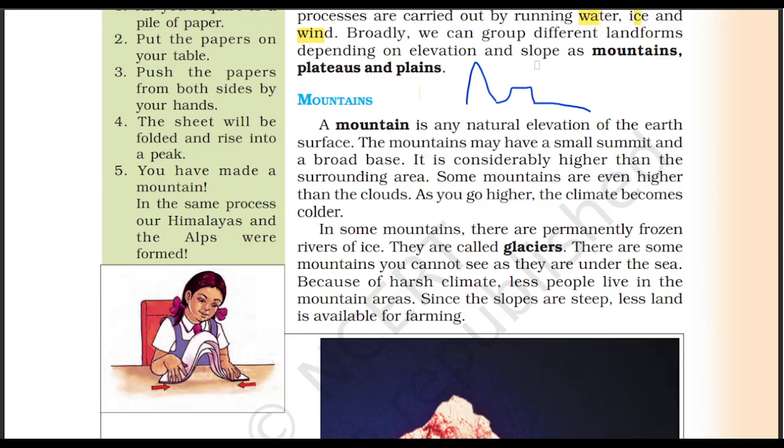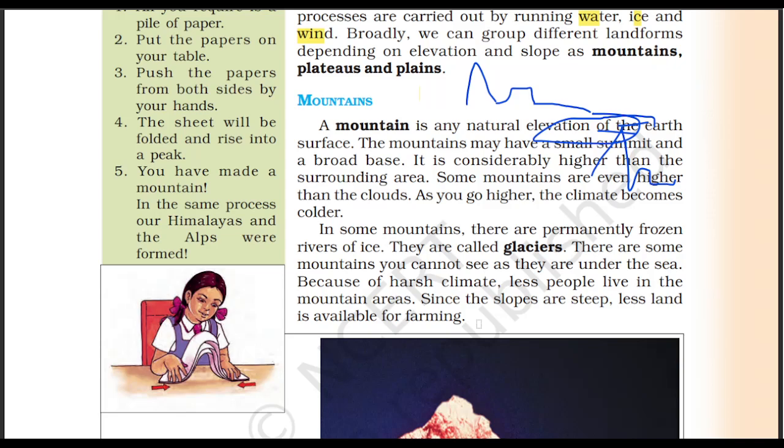Under the ocean also, mountains, plateaus and plains are available. Since the slopes are steep, less land is available for farming. It means mountains are not suitable for people to live because of the steep area and less available land for agriculture.